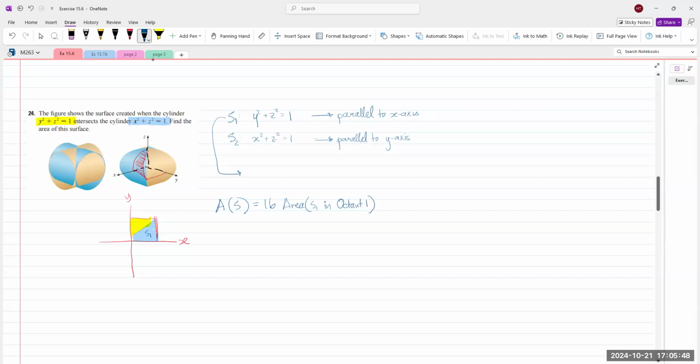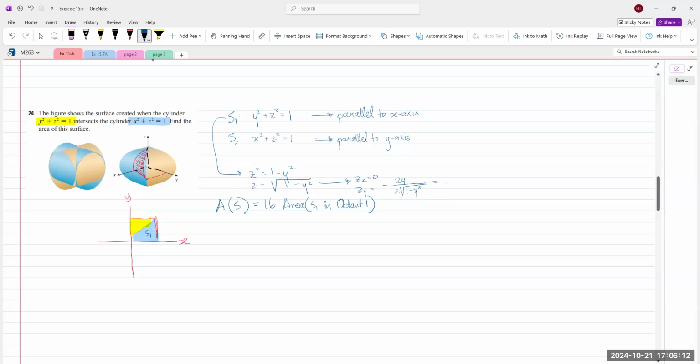If I solve for z squared equals 1 minus y squared, z equals, because it's in the first octant, the square root is positive. We take the positive branch, right? Such that z sub x is 0, but z sub y is negative 2y over 2 square root of 1 minus y squared.